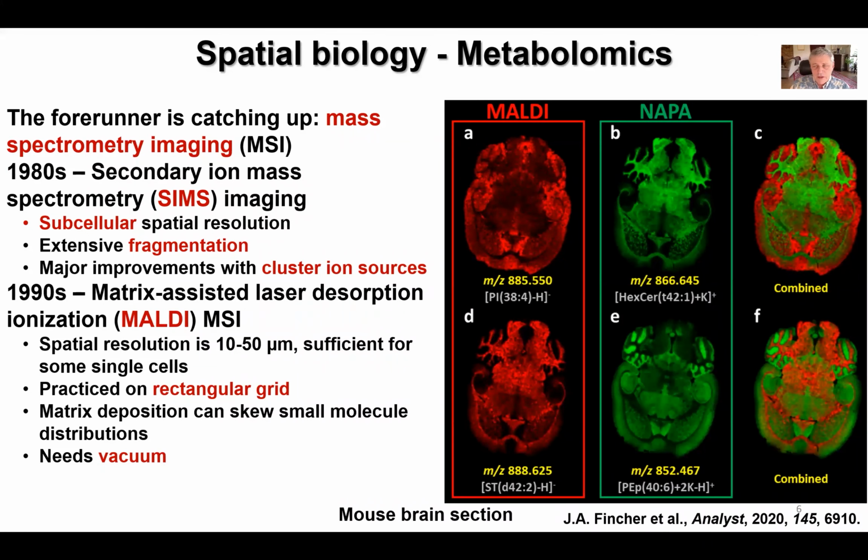Now, spatial biology at the metabolomics level really dates back several decades, although not with single cell resolution. So in the early 1980s, SIMS, secondary ion mass spectrometry, was already capable of subcellular spatial resolution and enabled the mapping of small metabolites and elements within individual cells.